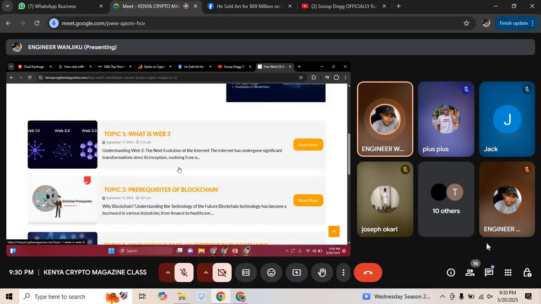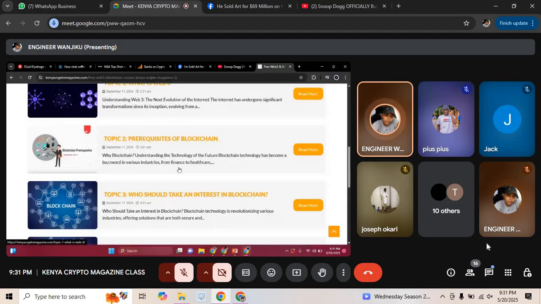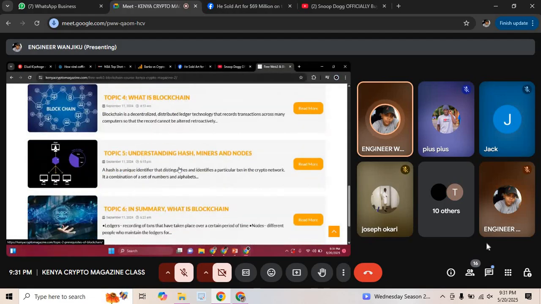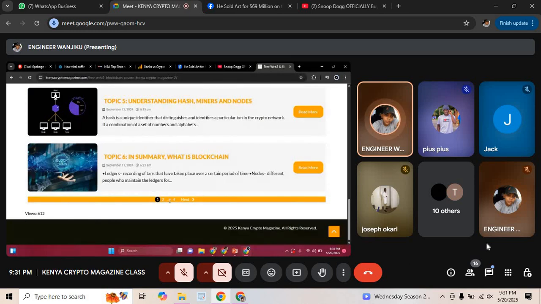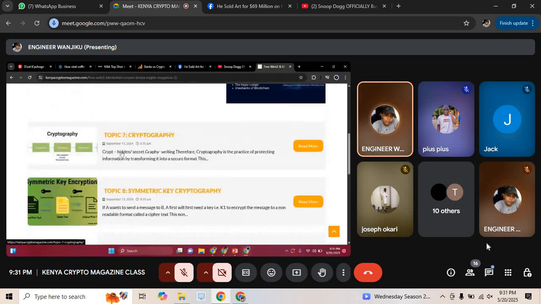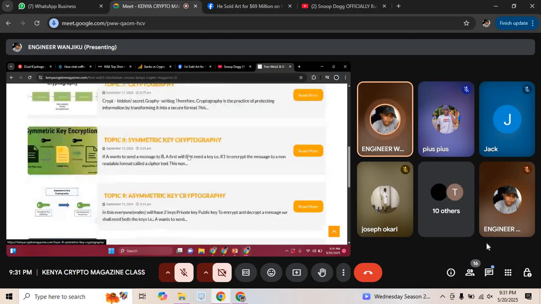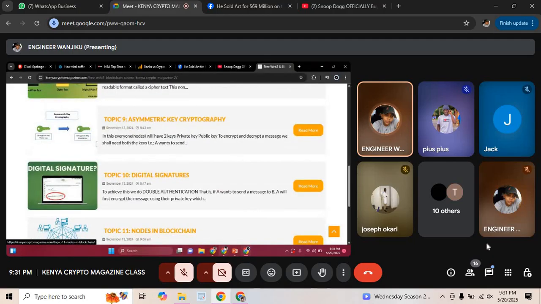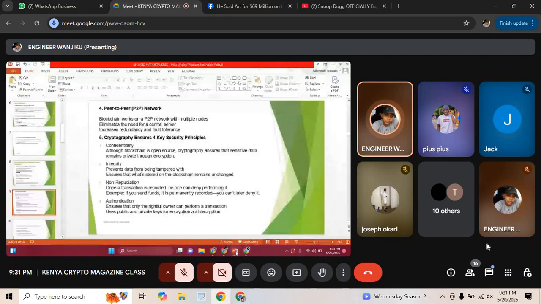In this class, we're going to just have a catch-up of what Web3 is, how to participate in it, etc. But if you want an in-depth understanding of Web3, just come to this part and you have a whole segment where we are discussing cryptography. You can see topic number 7. This is where you understand in depth how cryptography works, two types of cryptography, asymmetric and symmetric cryptography. And this is where you'll be able to understand things like public key and private key.